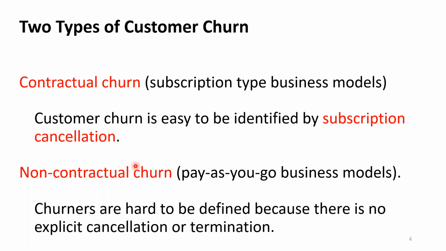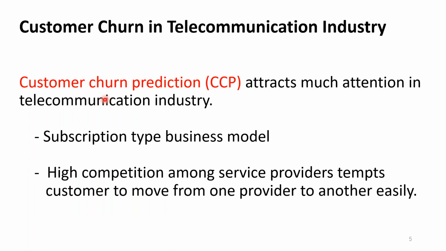On the other hand, non-contractual churn happens in pay-as-you-go business models. In contractual churn, customer churn is easy to identify by subscription cancellation. However, in non-contractual churn, churners are hard to define and identify, because customers can stop purchasing without explicit cancellation or termination. Let's go on to the next slide.